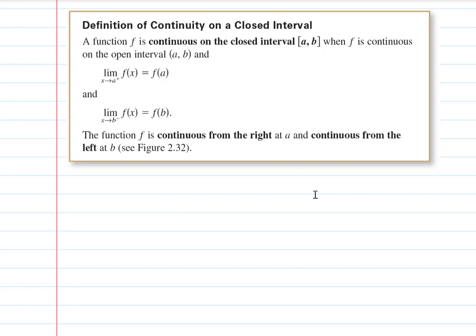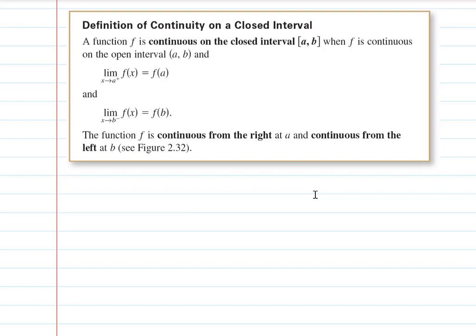We've got to be able to check whether the function is continuous at those endpoints as well. So if we read the statement, function f is continuous on the closed interval a to b when f is continuous on the open interval a b, which is the normal continuity that we've been doing, every point within the interval, not counting the a and the b.